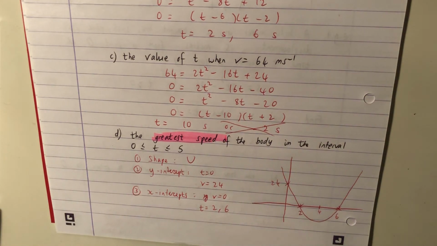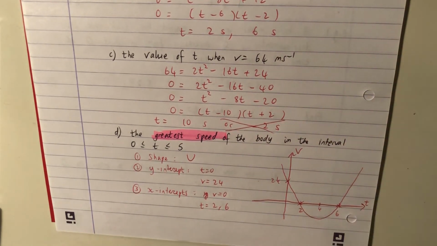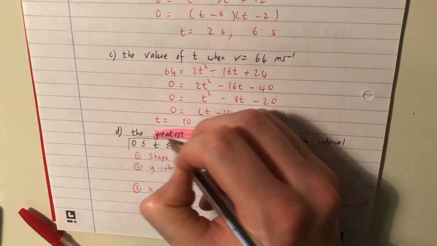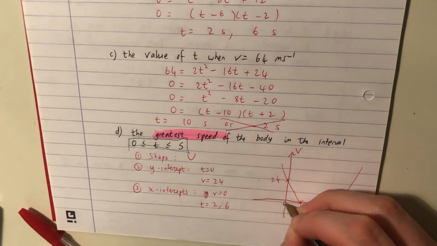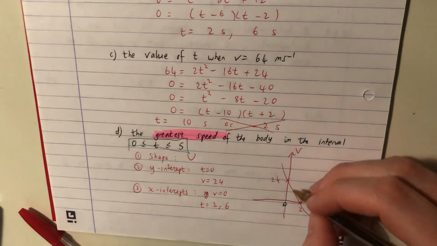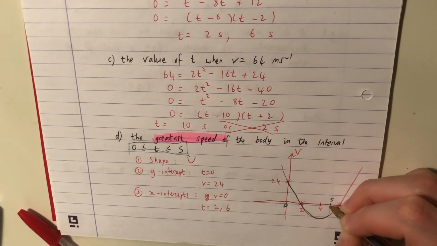Now, t-axis, v-axis. We only want the interval 0 to 5. So 0 is there, 5 is there. And we just want that section of the curve there.